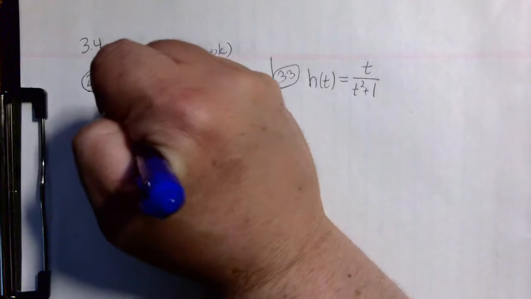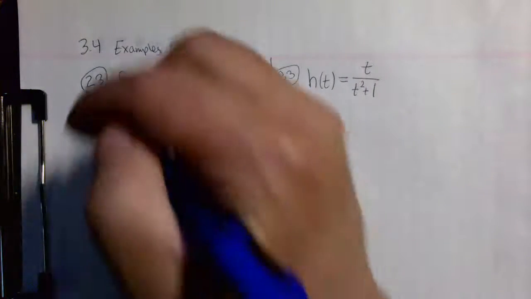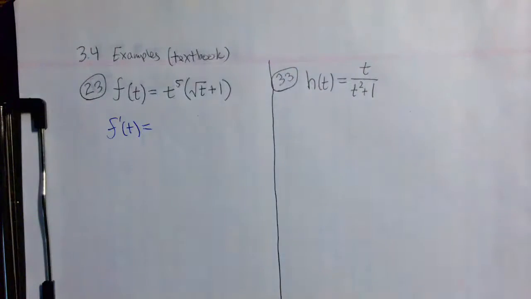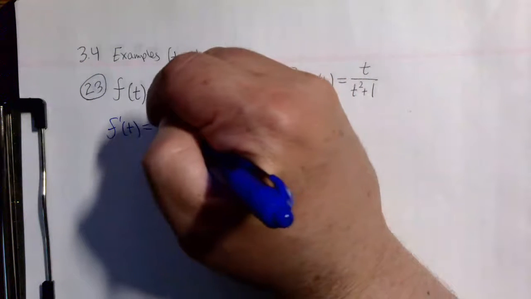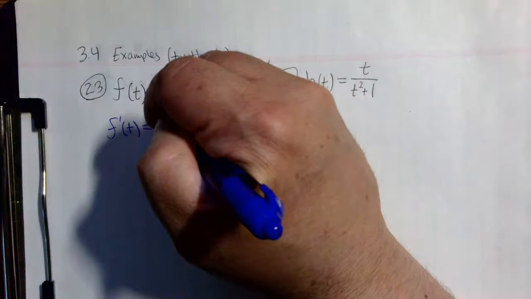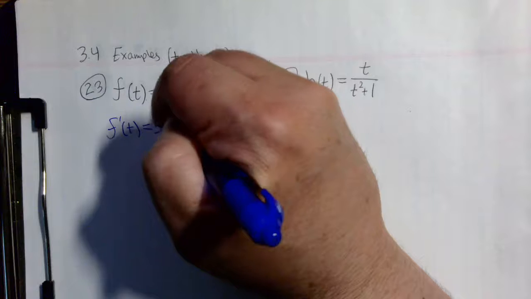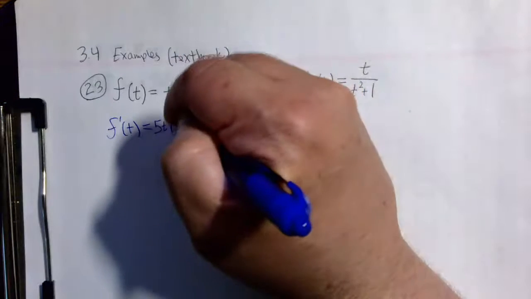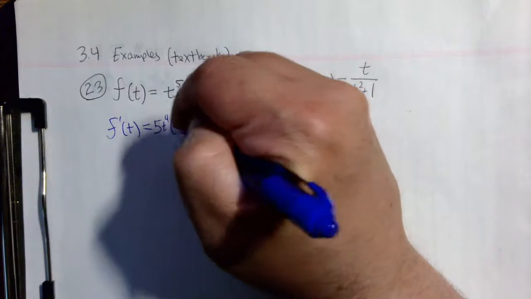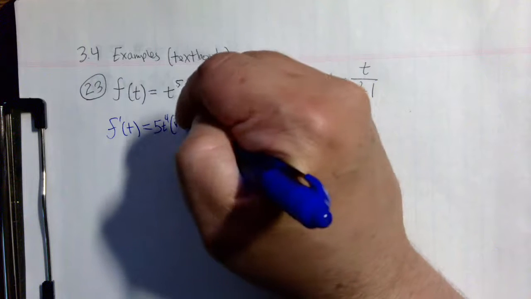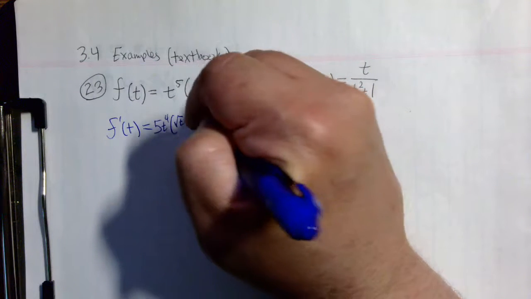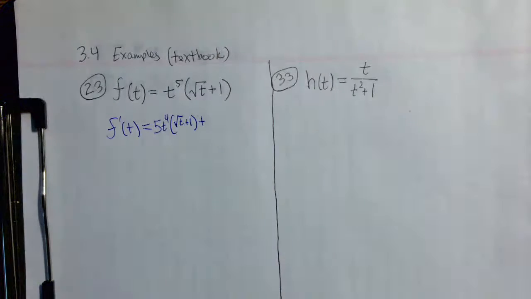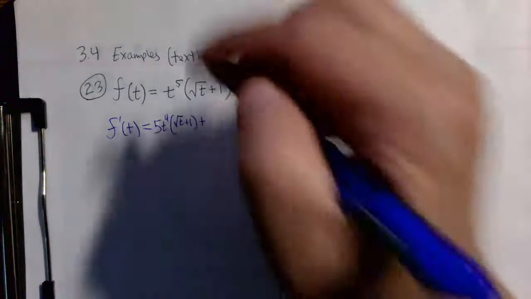Now if we want to take the derivative of this with the product rule, we're going to take the derivative of the first factor here, leave the second factor alone, and then do the opposite.